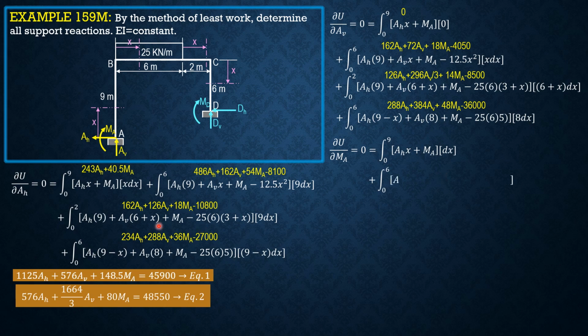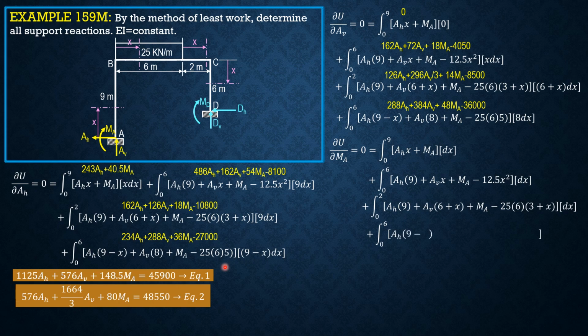Then plus, copy, replace this by just dx. So times dx, then third integral copied, 0 to 2, AH times 9 plus AV times 6 plus x plus MA minus 150. Then for the last integral 0 to 6, we replace the factor here by dx also.